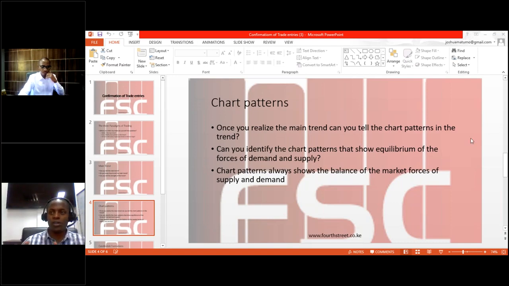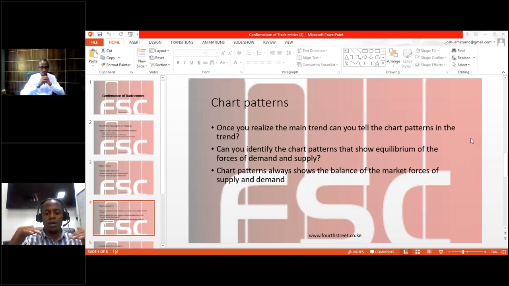We have areas where the buyers are in agreement with the sellers, and normally this happens most of the time because trends do not actually occur a lot, and when they do, it's usually due to the imbalance of the forces of demand and supply.